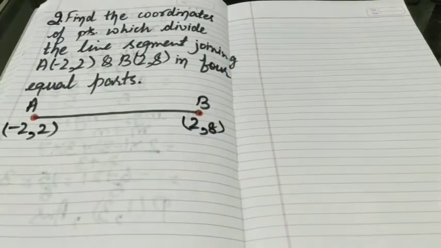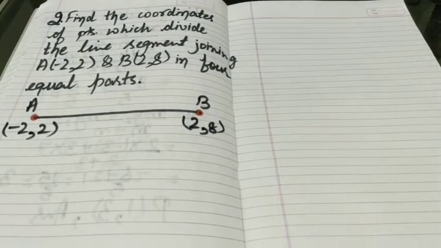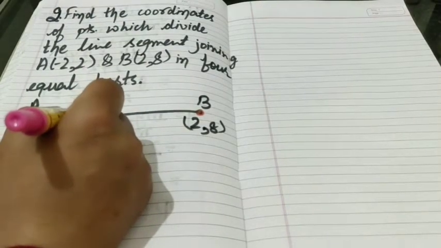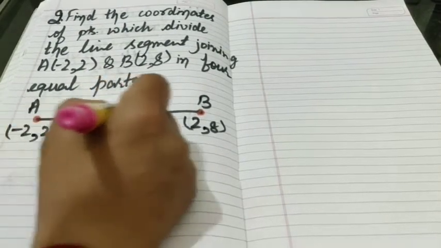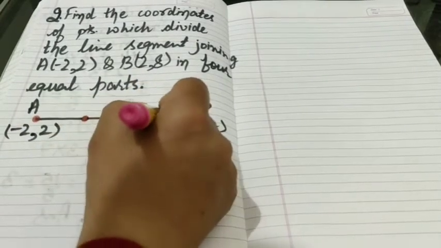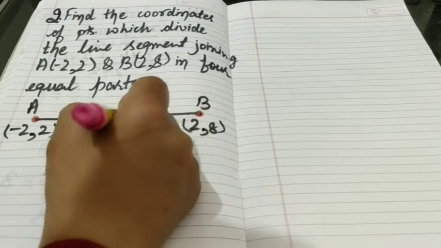Since we are required to divide line segment AB in 4 equal parts, we need 3 points for that.